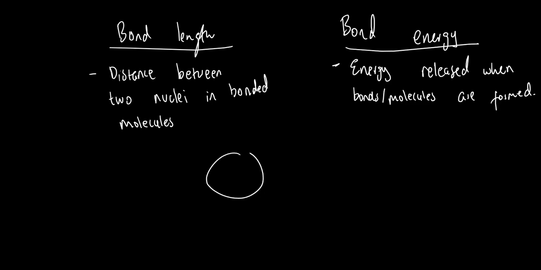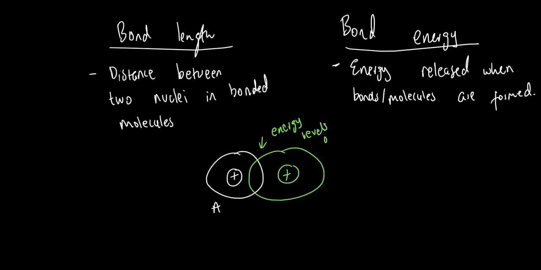So when atom A bonds with atom B, the outermost energy levels overlap. Since they overlap, the energy that they released so that they can form this bond is called the bond energy, and it's represented by this part here.